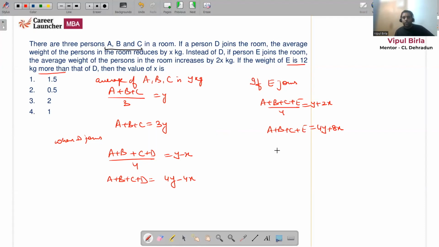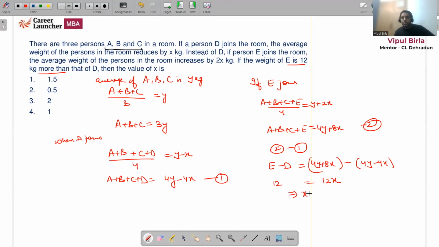So if I say equation 1 and equation 2, then 2 minus 1 will give me E minus D, because the rest will cancel, equal to 4Y plus 8X minus 4Y minus 4X, which comes out as 12X equals 12, which implies X equals 1.